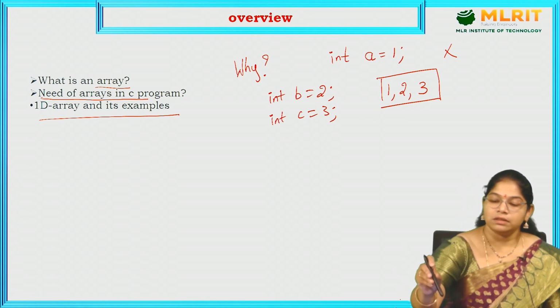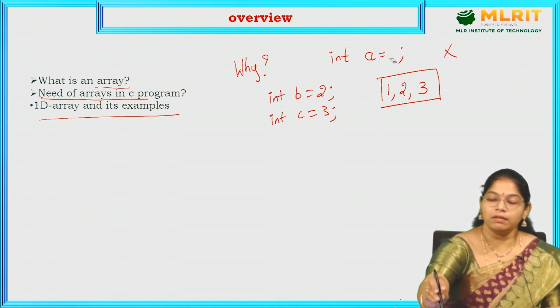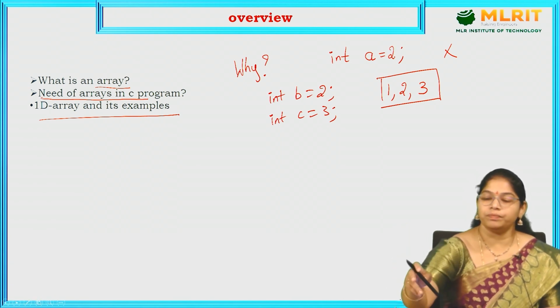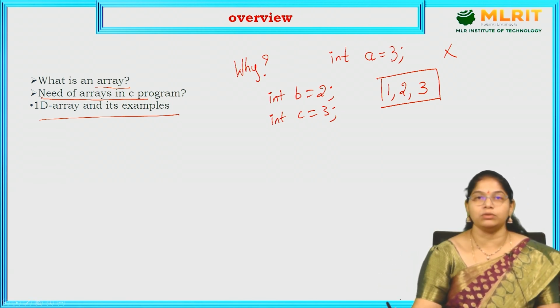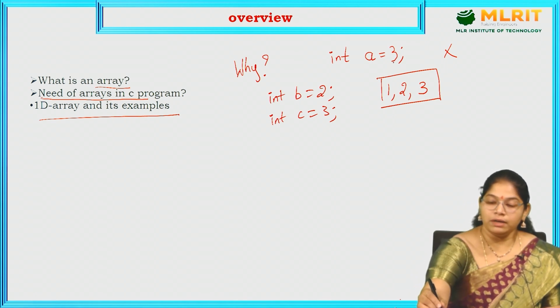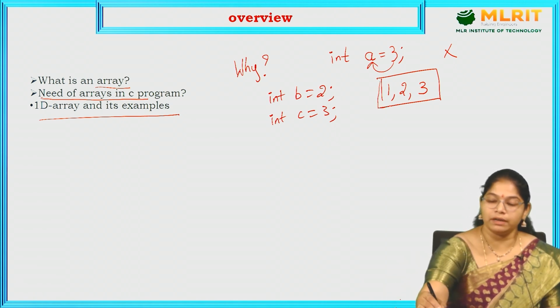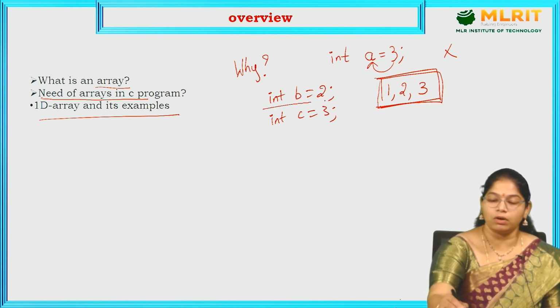Or else we can first initialize a equal to 1, then again reinitialize the variable a equal to 2, and again if you want 3, again you have to reinitialize the variable a with the value 3. That means at one time a variable can store only one data item. But I want to store here these 3 values. It is not possible with the normal variable.